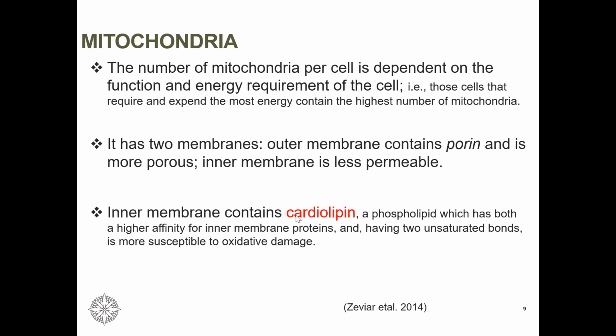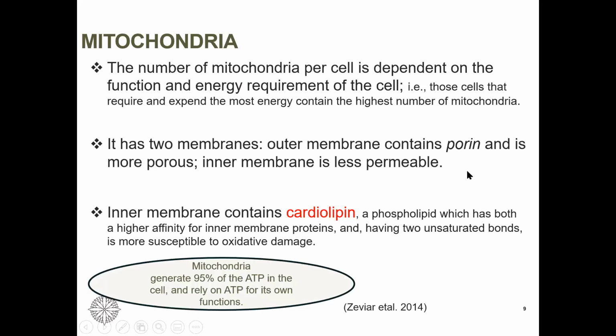The inner membrane contains a phospholipid, which is called cardiolipin. It is highlighted in red. So I'm sure now you would know that this is the name I would like you all to remember from the exam perspective. Okay.